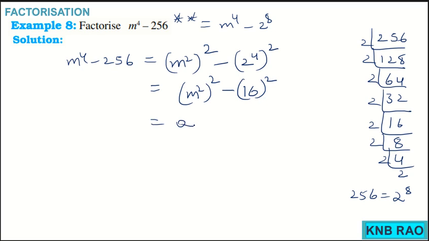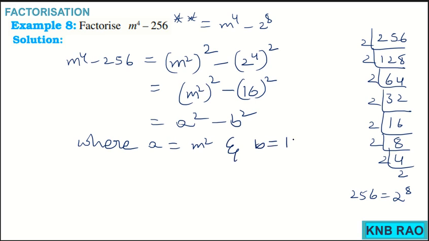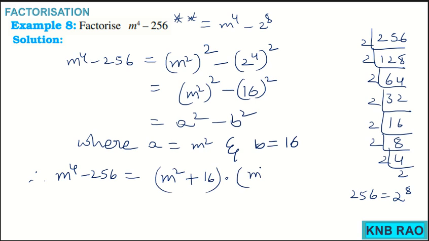Now it looks like a square minus b square only, where a is m square and b is 16. Therefore, the factorization of m power 4 minus 256 we can do as m square plus 16 into m square minus 16.